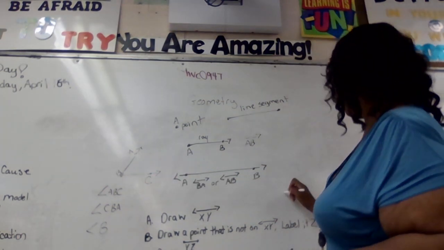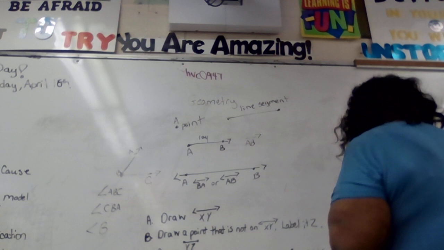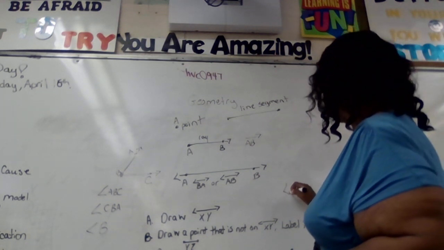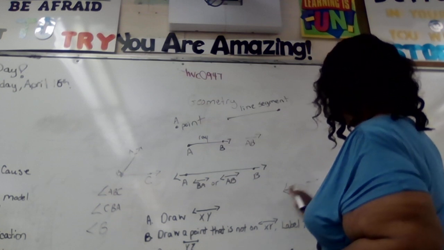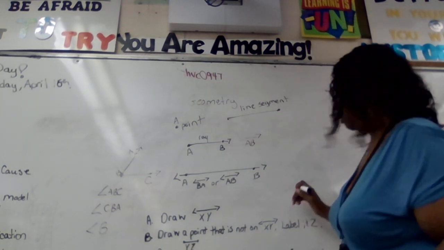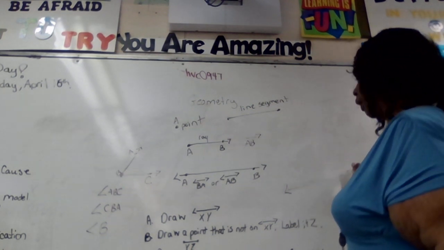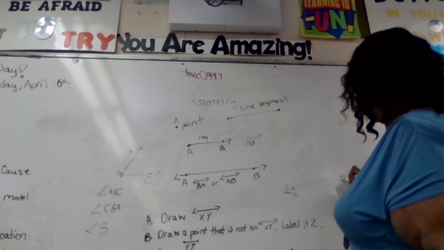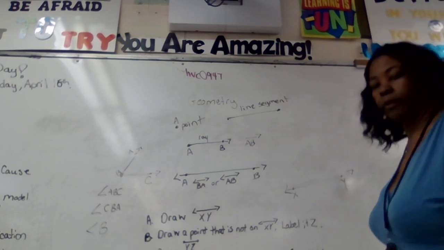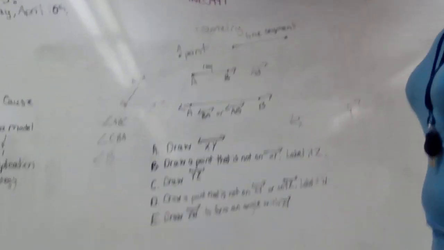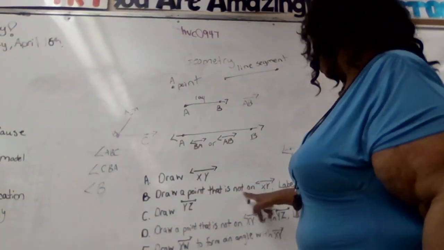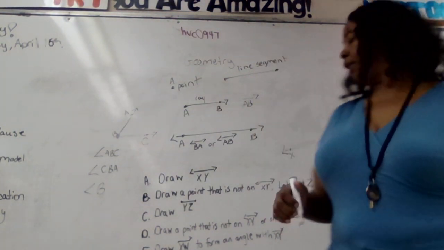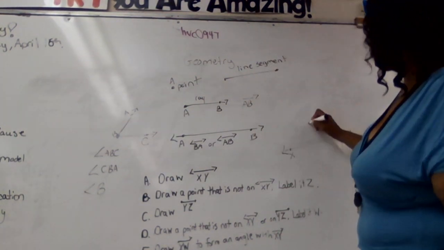So I'm going to draw a line. And it says XY. So it's a line because I have two arrows on the end where they're continuing on and on. Then it says, B says, draw a point that is not on XY. And we know a point is just a point, and it says to label it Z. So I'm going to put it here.